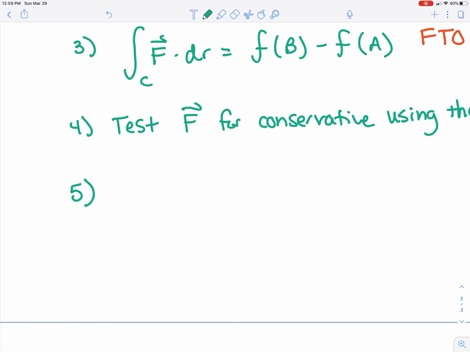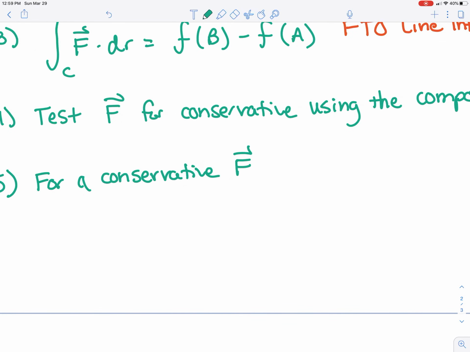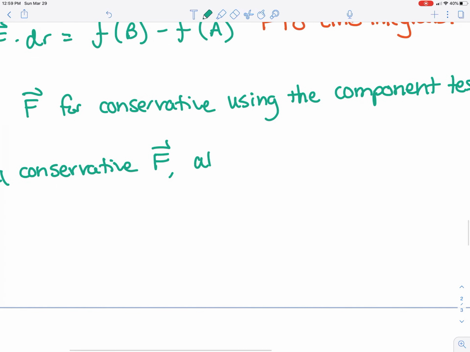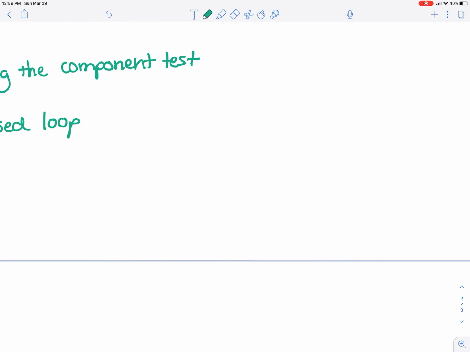So that means for a conservative vector field, all closed loop line integrals evaluate to 0.